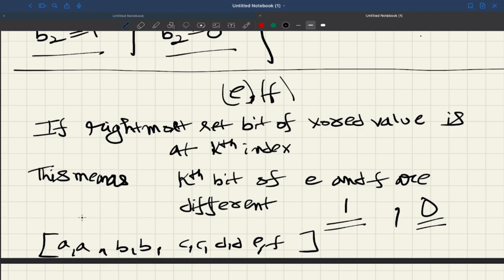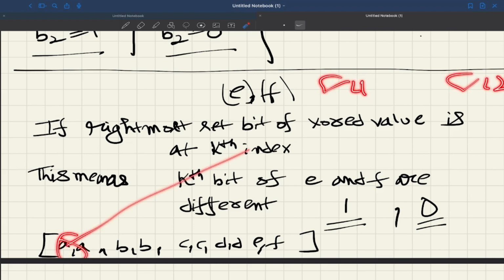If a number has the kth bit set, I will put that number in group 1. Let's say we have group 1 and group 2. If the kth bit of A is set, I will place it in group 1, so both A will go to group 1.